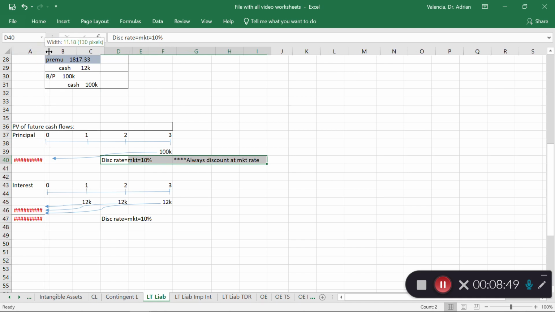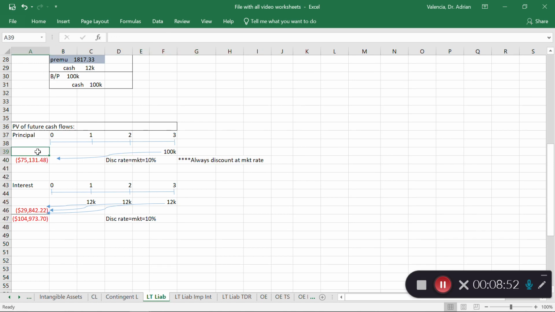Let me open this up a little bit. The present value of $100,000 discounted at 10% for 3 periods is roughly $75,000. So this $100,000 in the future is worth $75,000 today at a discount rate of 10%.